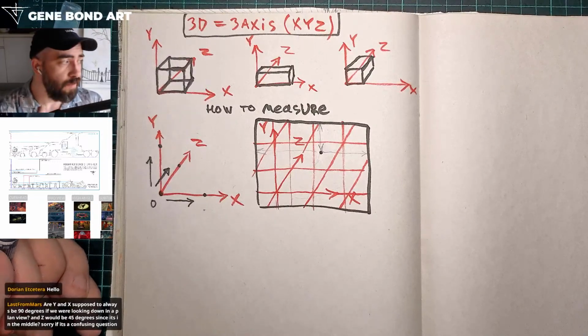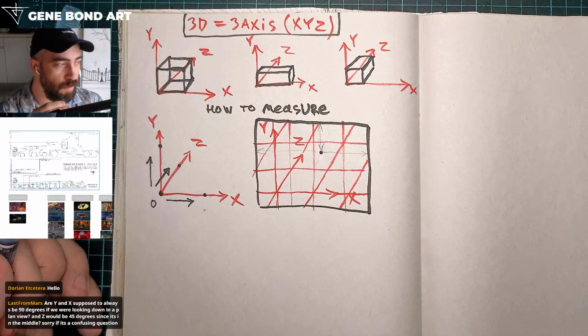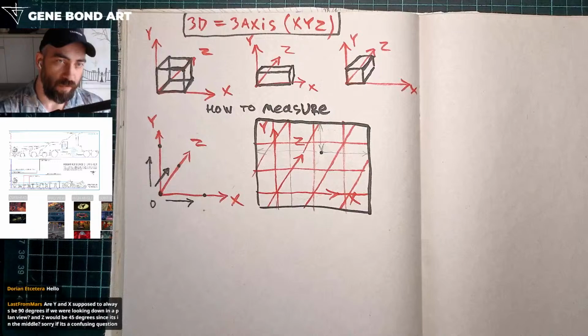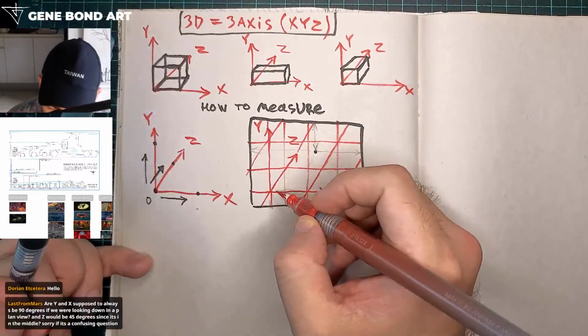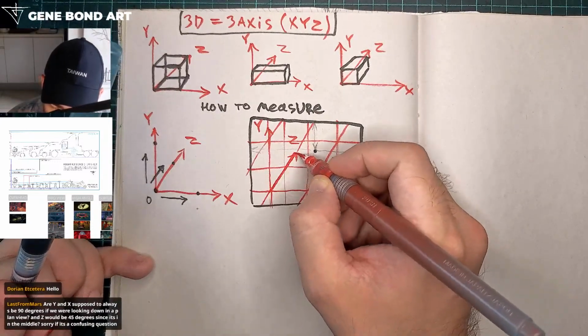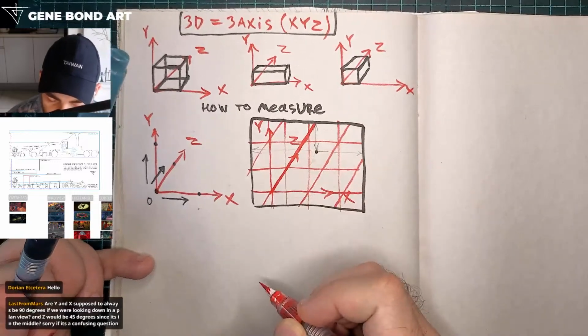You need to align it with the 3 axes, so they should be connected. Let's say here I can take it from my initial z line, right?